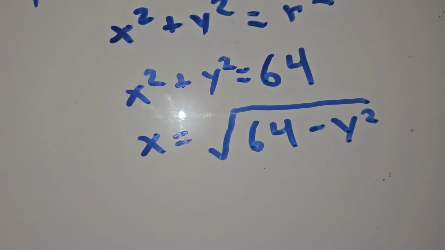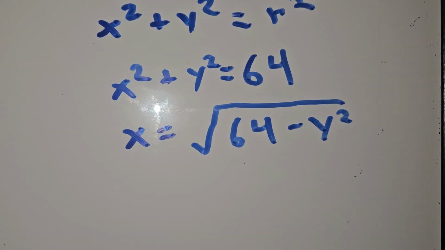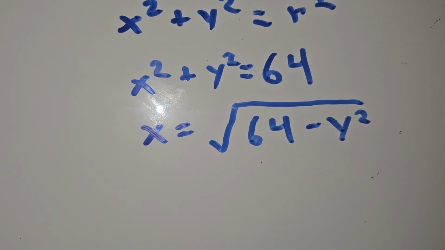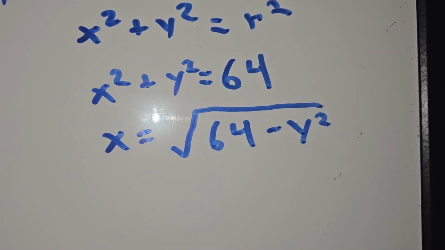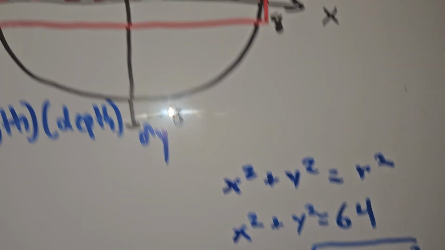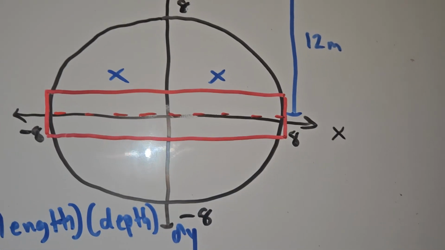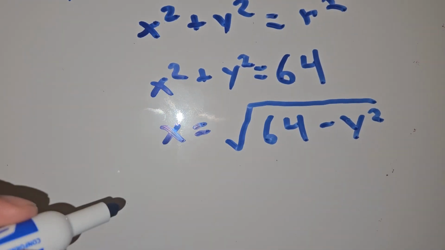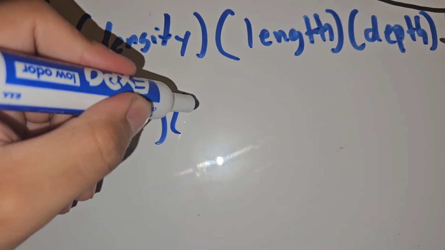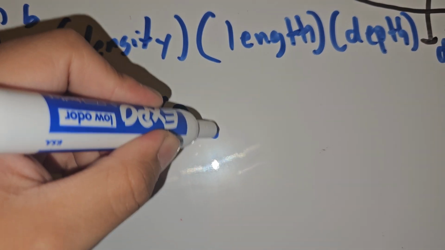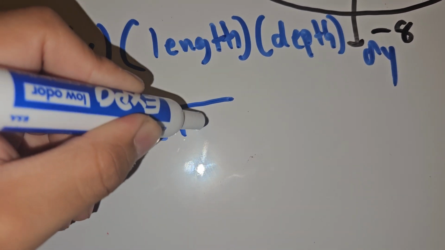And we're going to leave that as a positive solution. It doesn't really make sense to take the negative solution. So that's what 1x is equal to. But we have 2 x's, so we have to multiply this by 2. So the length is equal to 2 times the square root of 64 minus y squared.